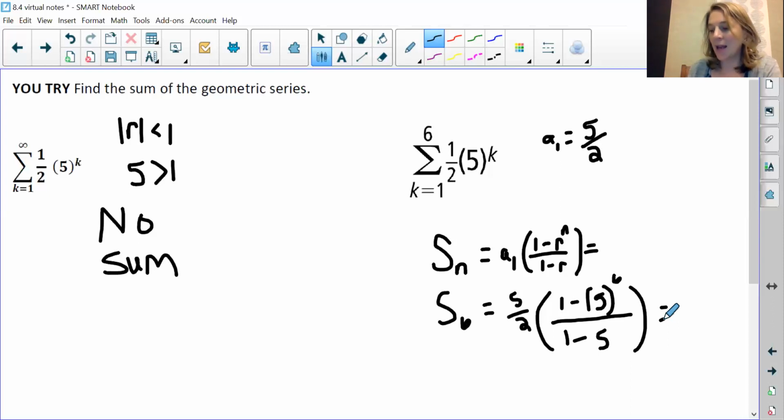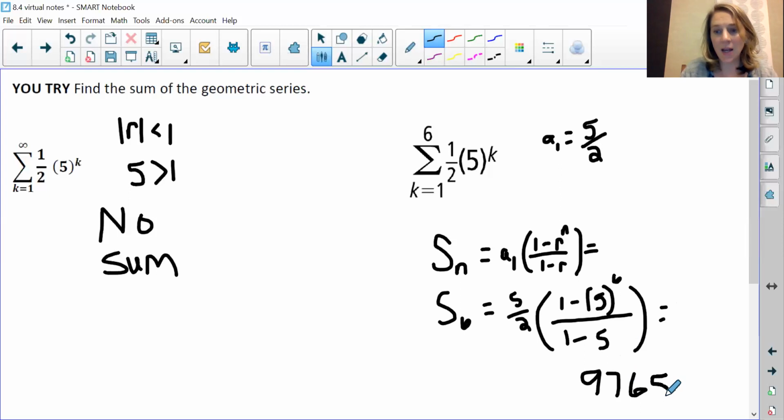And then I can divide that by 1 minus 5, and then multiply that by 5 divided by 2. All right, so then in this case, I got 9,765.